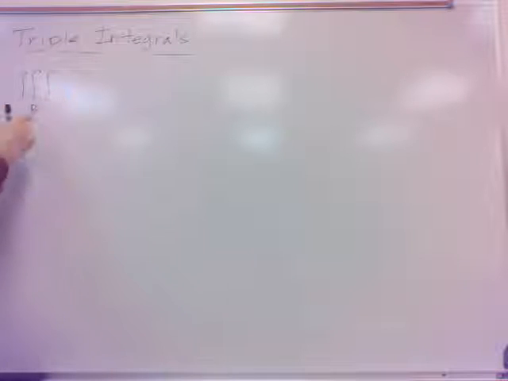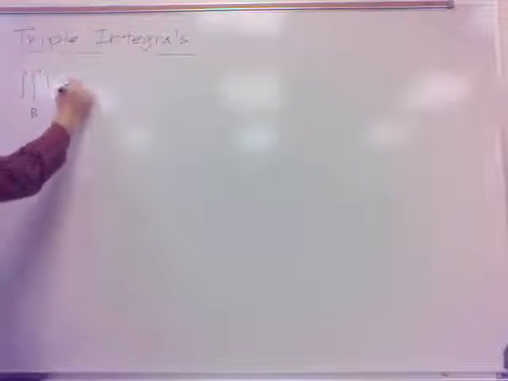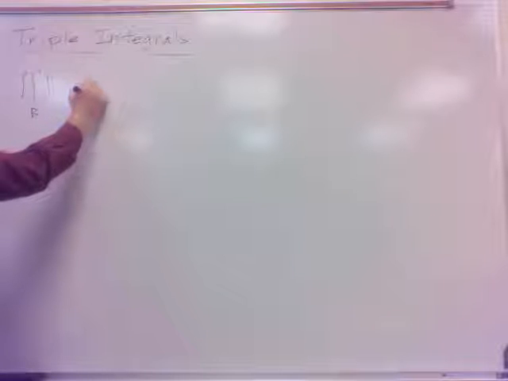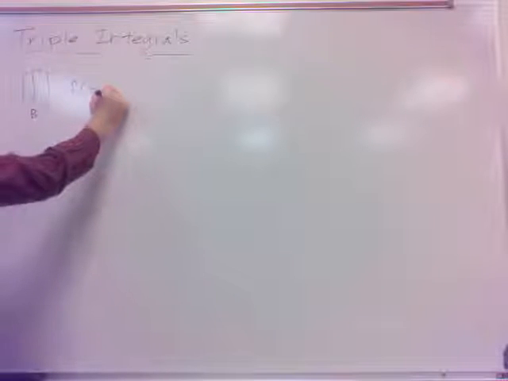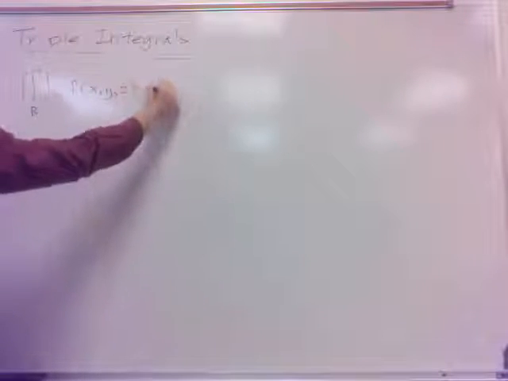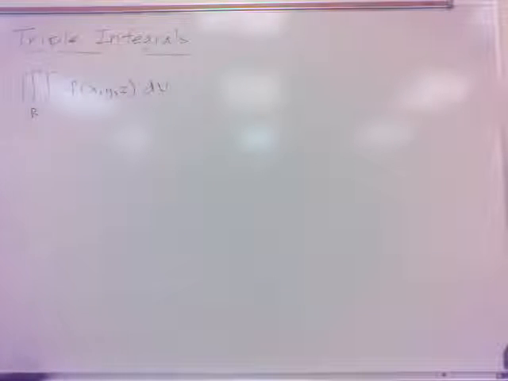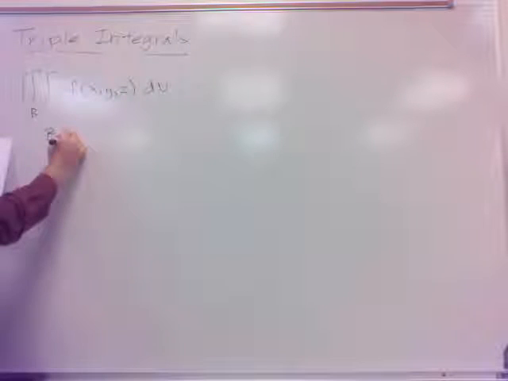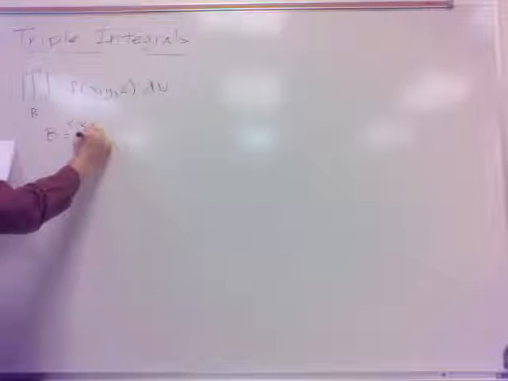Say we're doing a triple integral over region B, and the reason sometimes they label it B is because, let's just start with B is this.